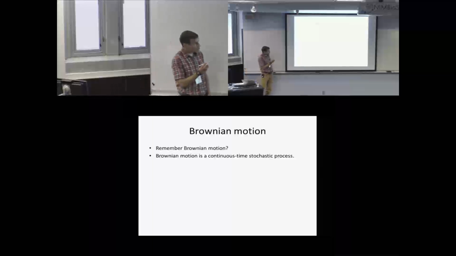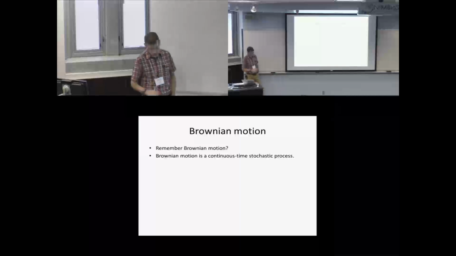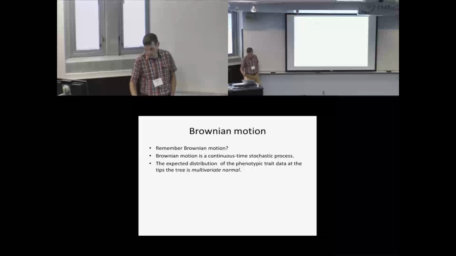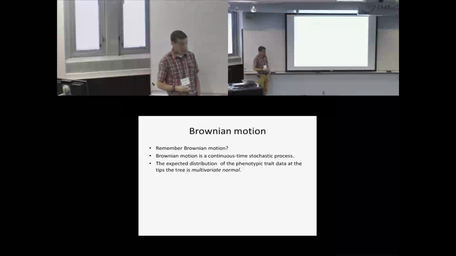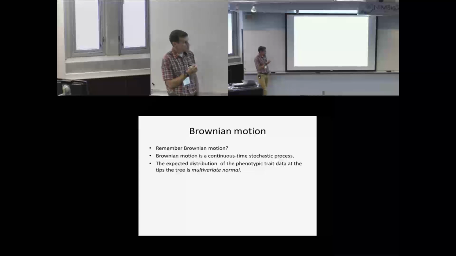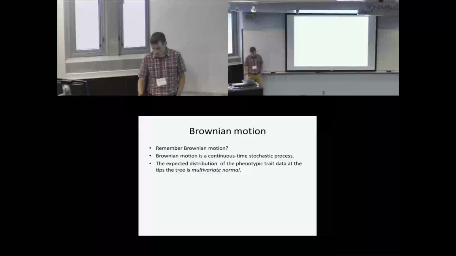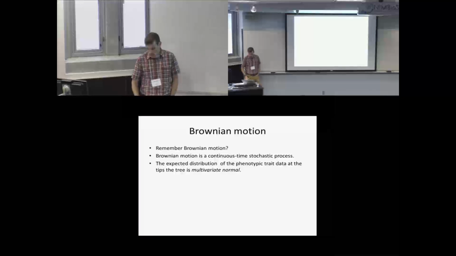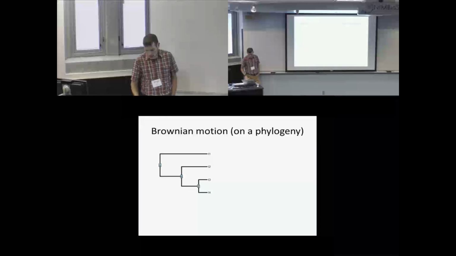And as you guys know, this is a continuous time stochastic process in which the expected distribution of the phenotypic trait data at the tips of the tree we know is multivariate normal, okay? And it's multivariate normal in a way that's given by the branch lengths or the heights of common ancestors of taxa on the phylogeny.